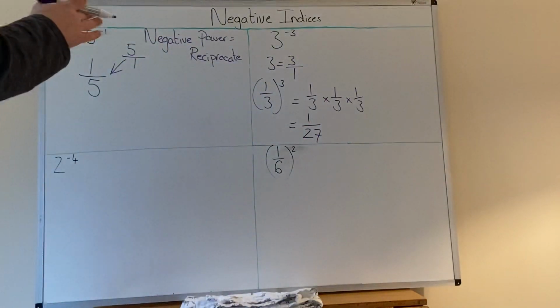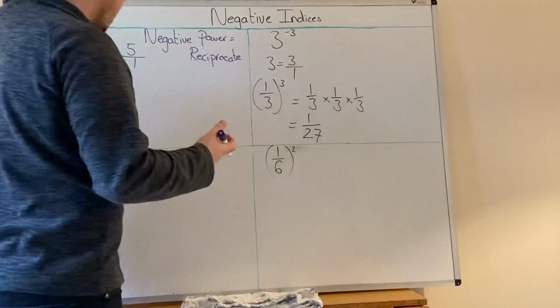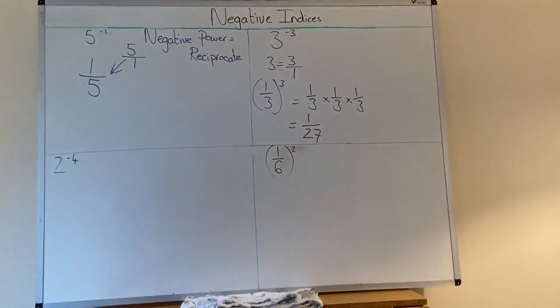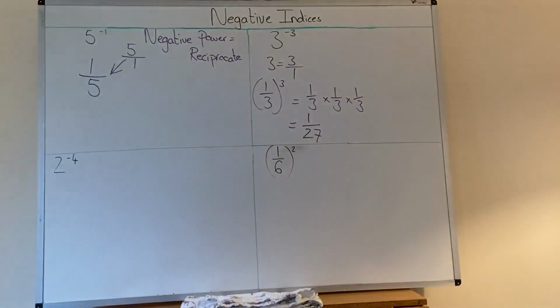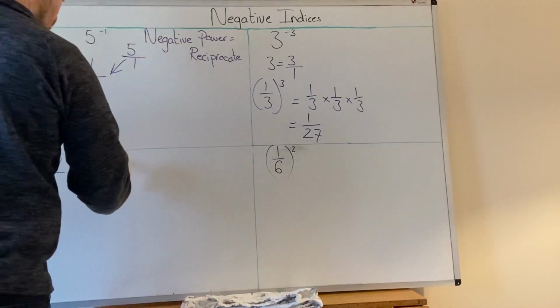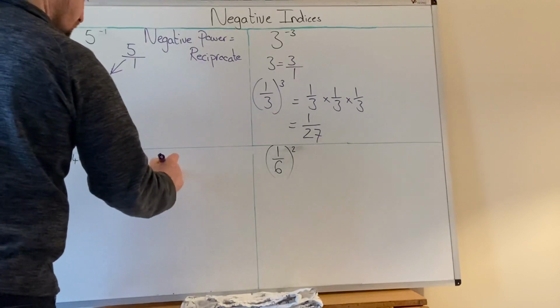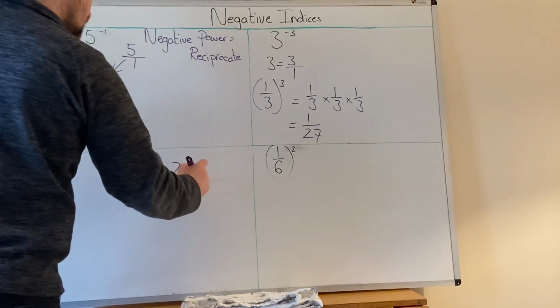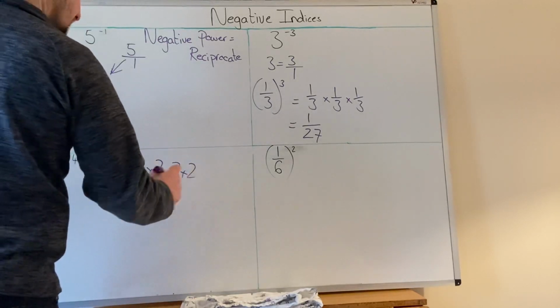So that way, we are reciprocating and then using the power. What you can also do is do the power and then reciprocate. I don't mind which way you do. I'll show you on this one. So we've got 2 to the power of minus 4. 2 to the power of 4 is 2 times 2 times 2 times 2, which is 2 times 2 is 4, times 2 is 8, times 2 is 16.